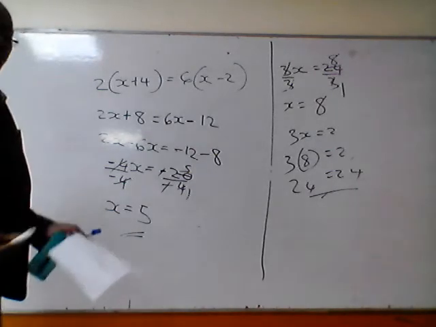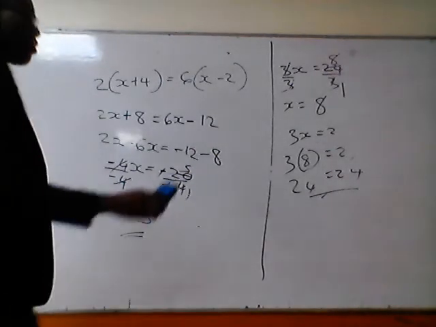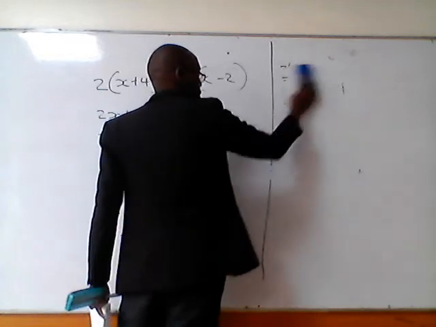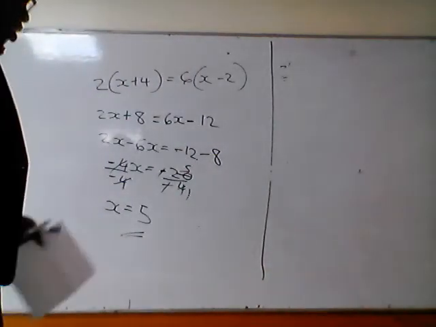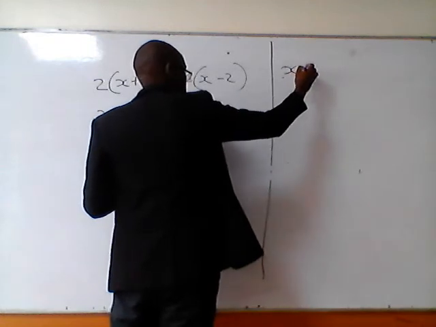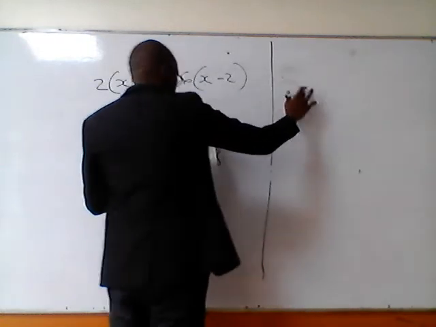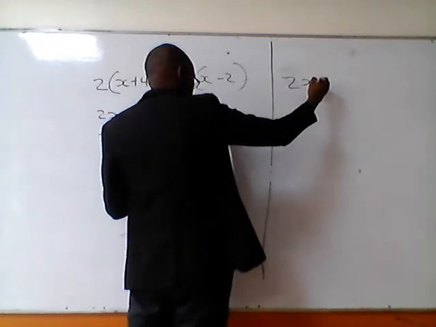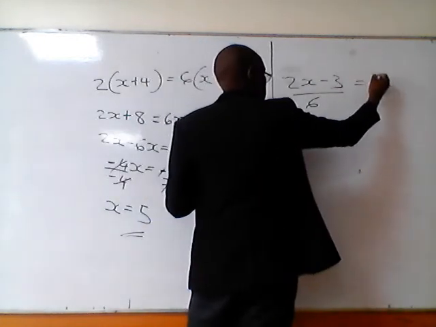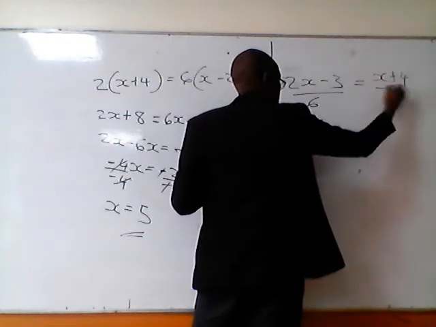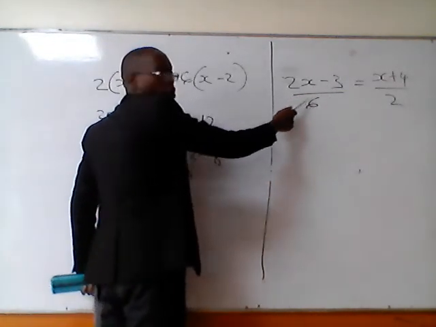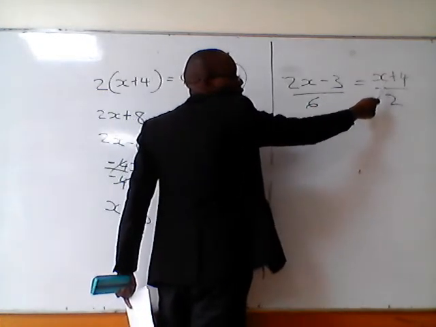And then we can have another one here, another one, which will be: you have this kind of particular equation, 2x minus 3 over 6 is equals to x plus 4 over 2.